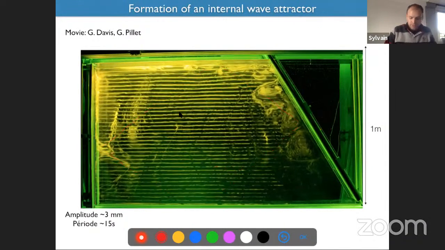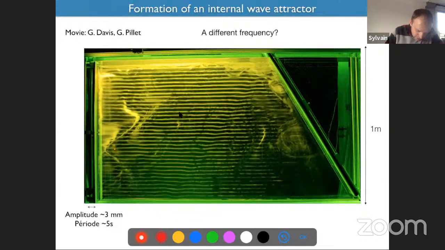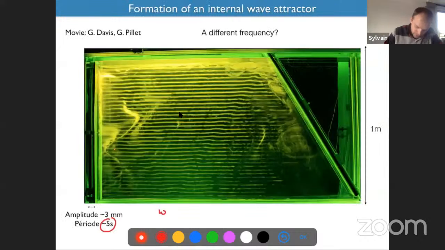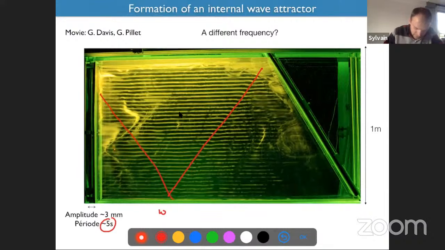If you do the same but with a different frequency, we have exactly the same system. We change the period, so we change omega. And if you change omega, you can also see there is a shape, which is this one.